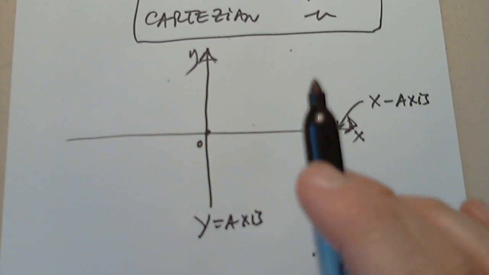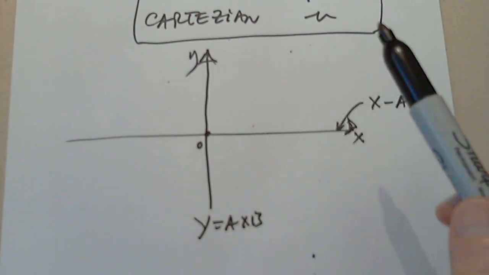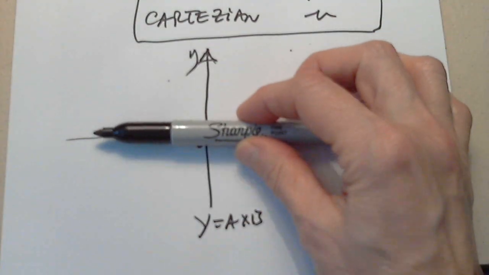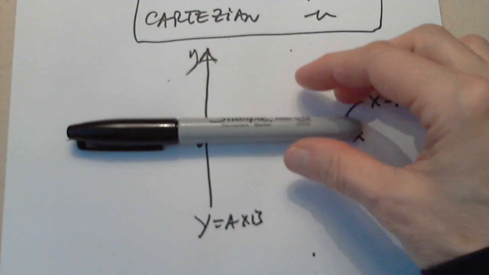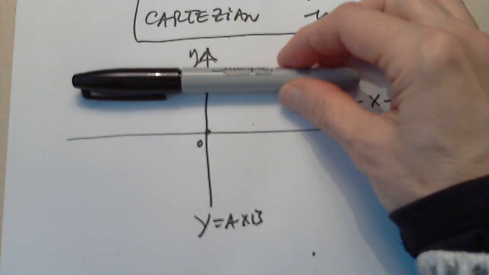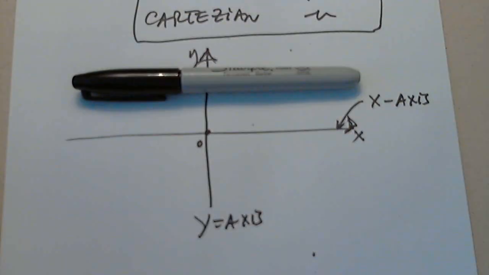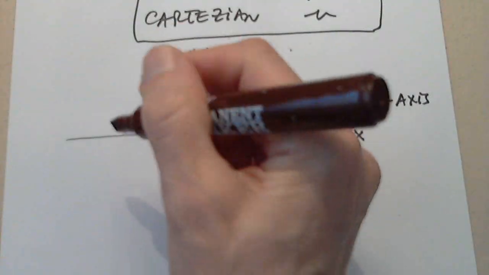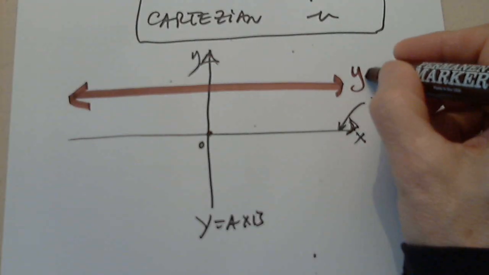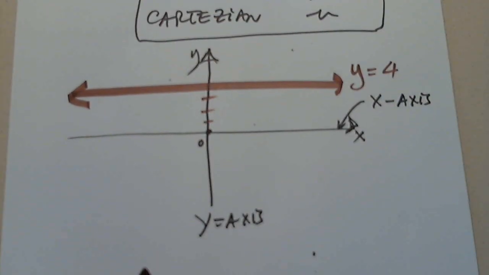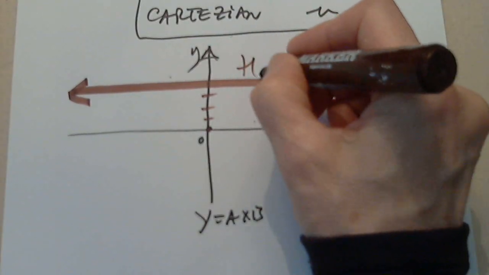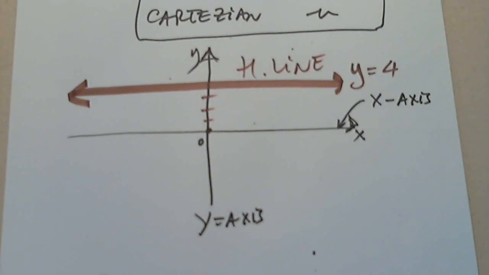Now, what I need you to understand from the beginning is this. This line just gives us altitude. So for example, I can graph a line like this, which is altitude y, let's say, equals 4. 1, 2, 3, 4. And this is a horizontal line. It gives altitude.